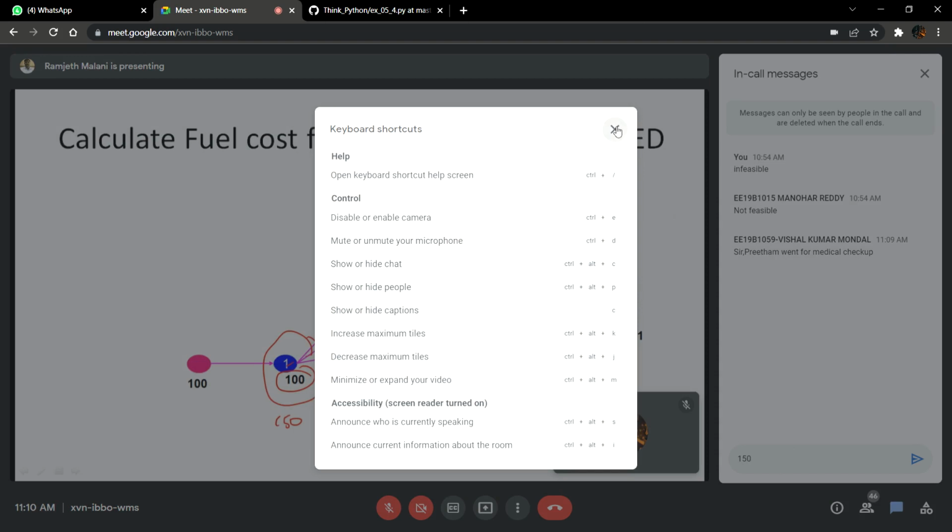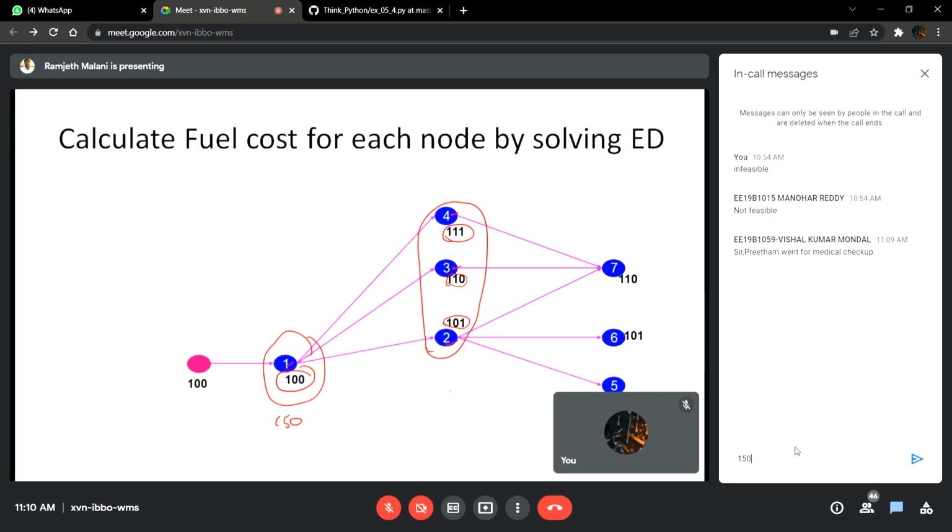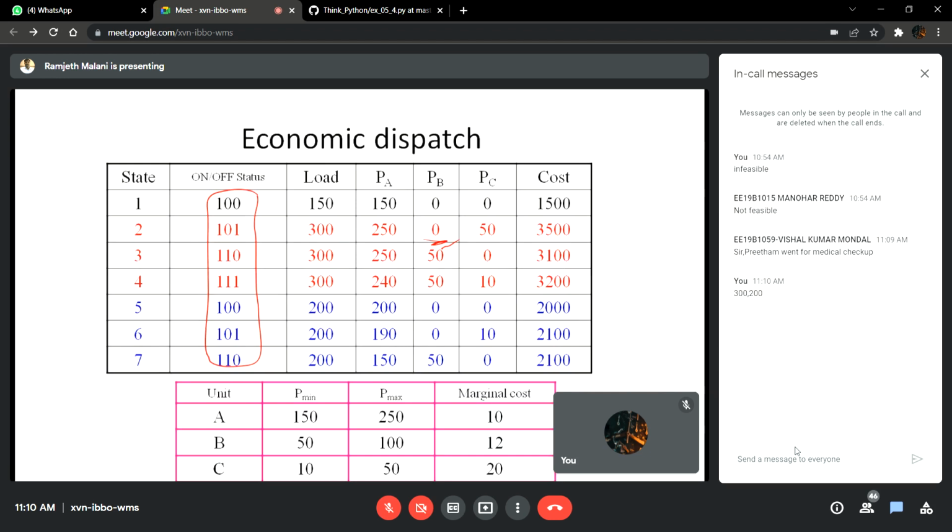For the second, third and fourth states, the demand is 300. For these states, the demand is 200. So demand for the first state is 150, for 2, 3 and 4 it is 300, and for 5, 6 and 7 it is 200.